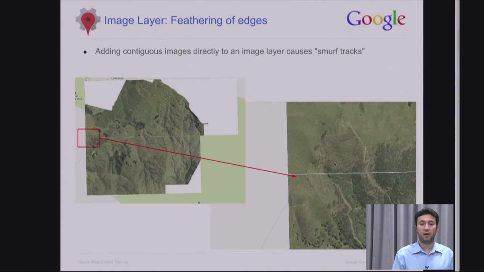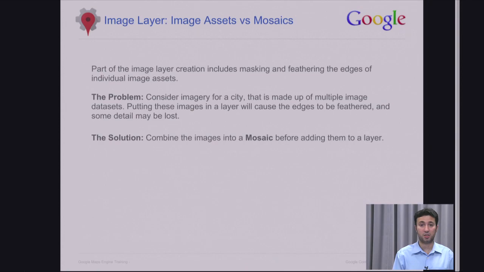This is a side effect of the feathering that happens as part of the processing, and so we want to avoid that, especially for cases where the images were part of a bigger picture and they are meant to be stitched together, and we don't want the feathering to happen until these images are placed together and treated as one single unit.